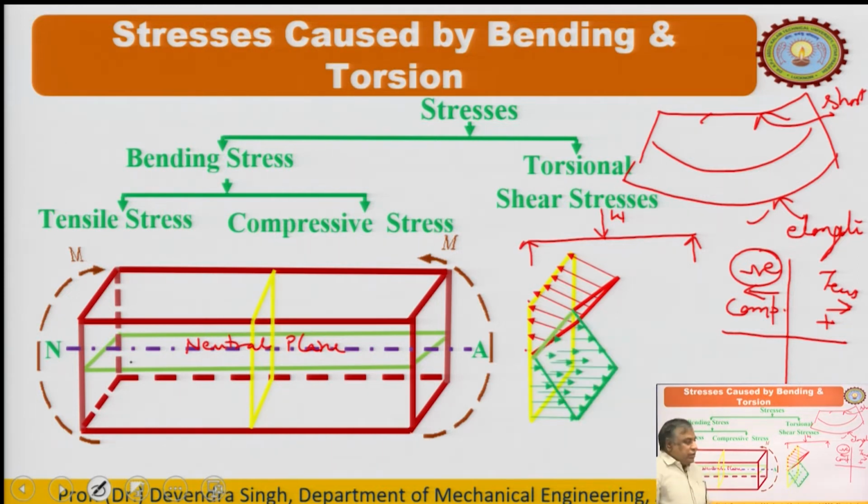And similarly, on the other side, these are in green, these are the tensile stresses, and tensile stress is 0 at the neutral plane here, and it is increasing towards the lowermost fiber.